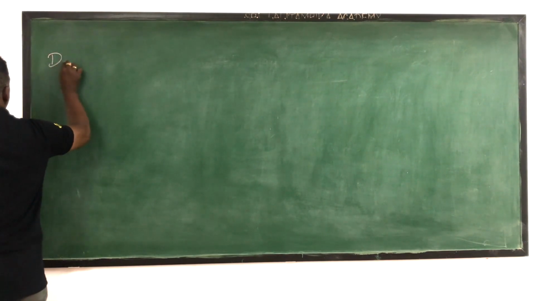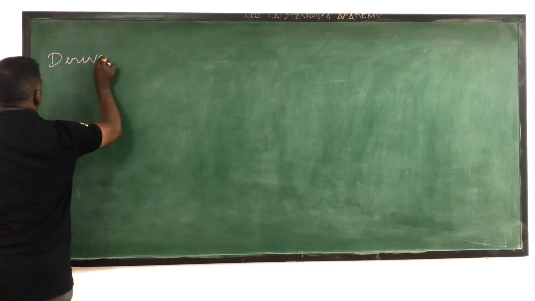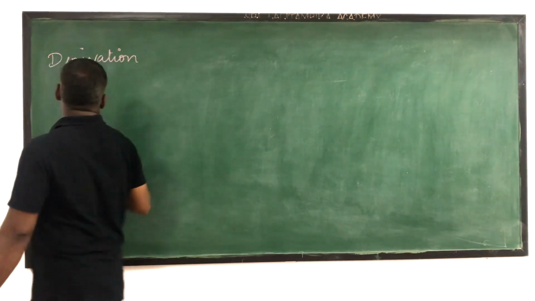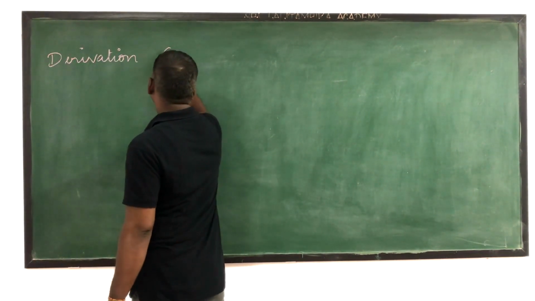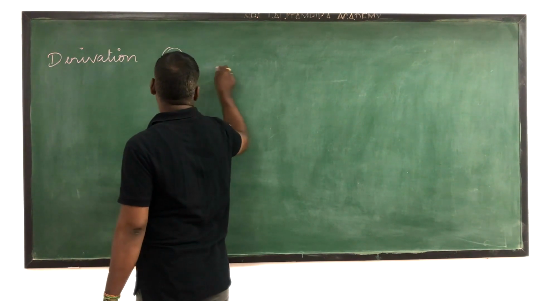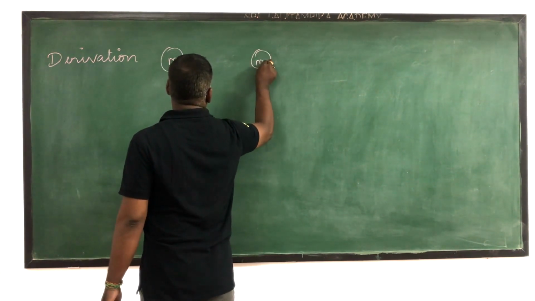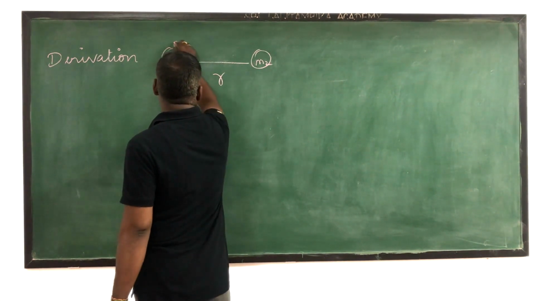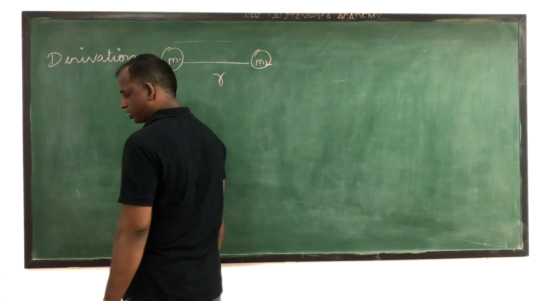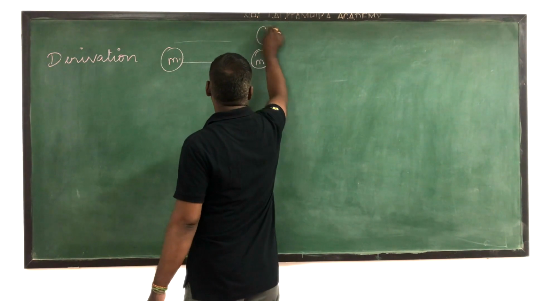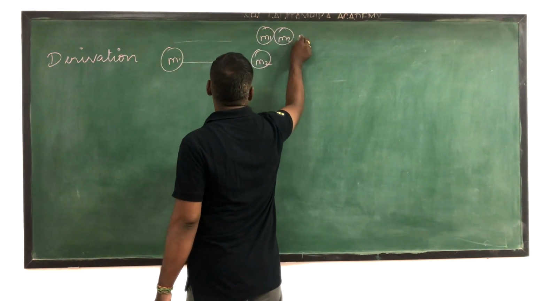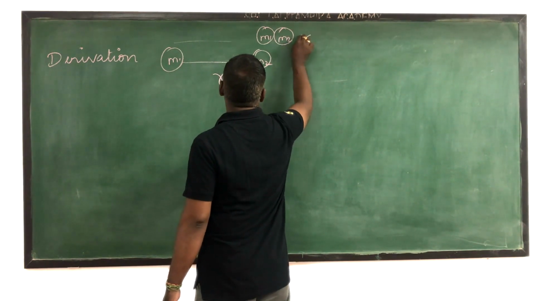சோ இப்போ டெரிவேஷனுக்கு போவோம். சோ ரெண்டு மாஸ் இருக்குது. Mass m1, mass m2. They are separated by distance r. Initially m1, m2 they are closer, which means to bring from infinity distance.